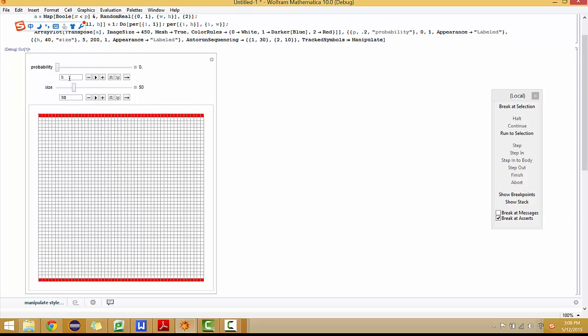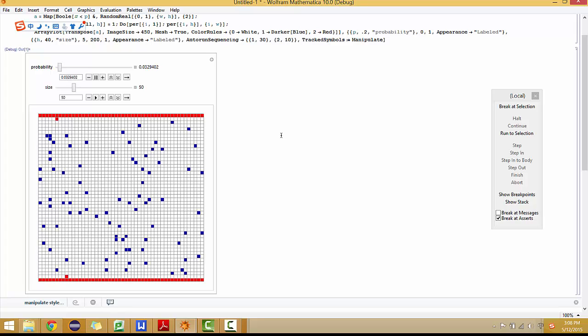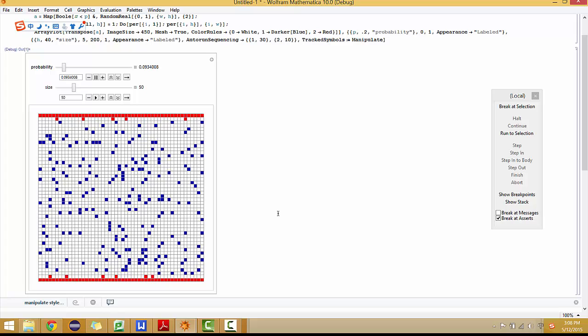This time we look at a graph of size 50 times 50, and we will gradually increase the probability from 0. We call the interesting probability the critical probability or percolation threshold.